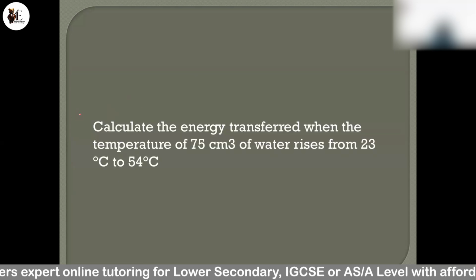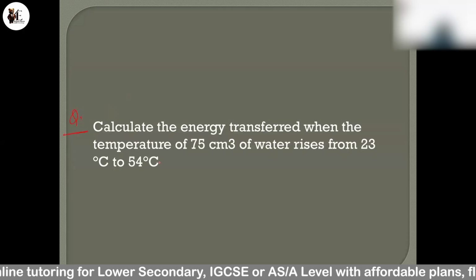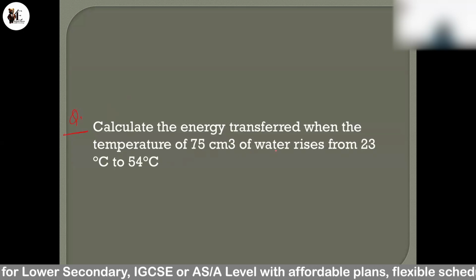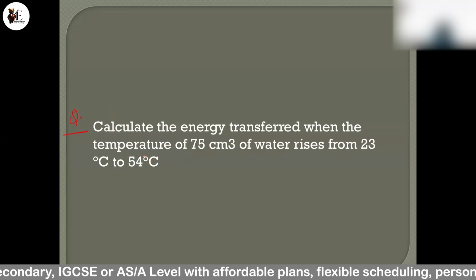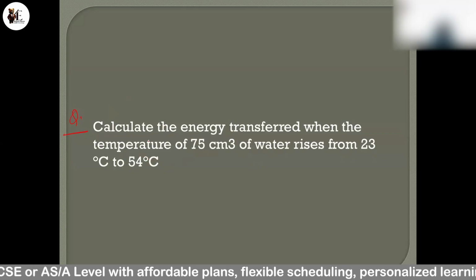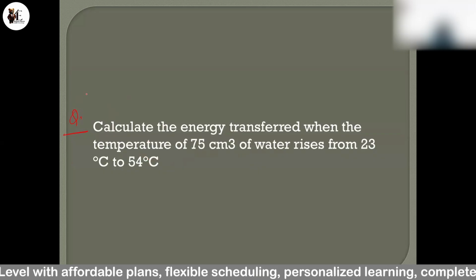So solve this question. Calculate the energy transferred when the temperature of 25 centimeter cube of water rises from 23 degrees Celsius to 54 degrees Celsius. Calculate it and tell me the answer.